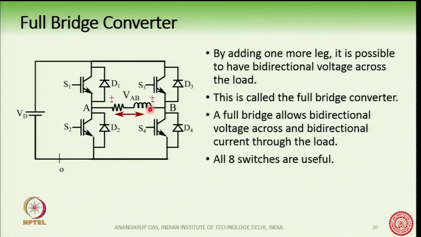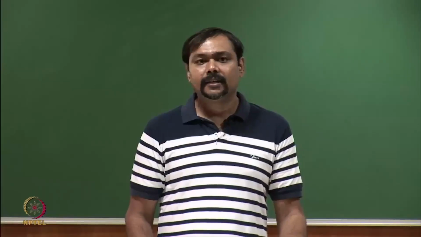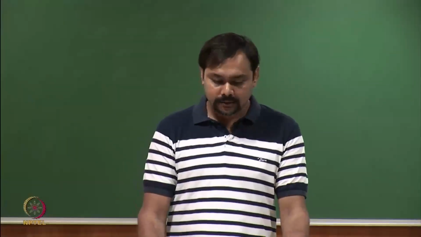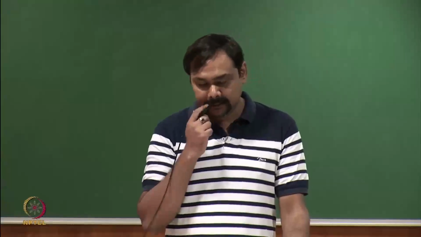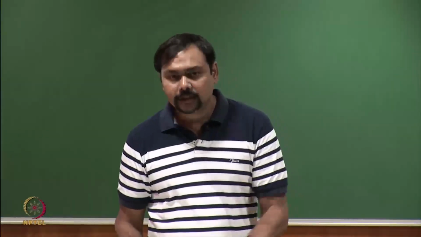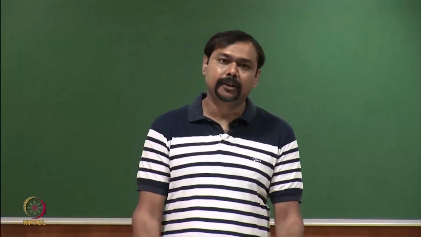Now, with a full bridge it is possible, we will see this later, to have bidirectional voltage across the load. But more importantly, there is another advantage. The advantage is that we get double the voltage from the same DC link using the full bridge as compared to the half bridge.